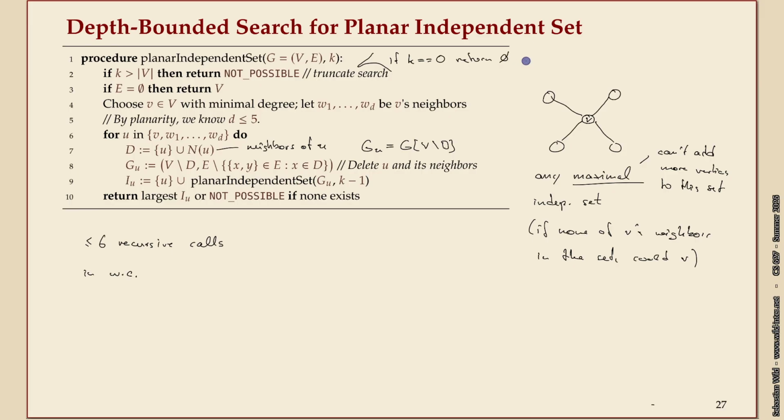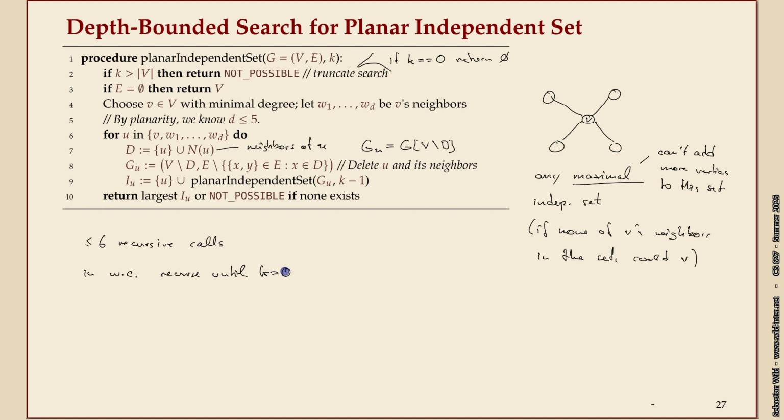This is the worst case, that we don't stop before that happens, so we go down with k all the way. And so we branch out 6-fold in each step, and we go k steps down.